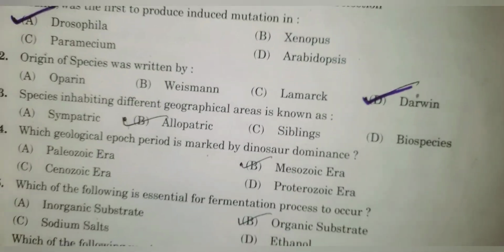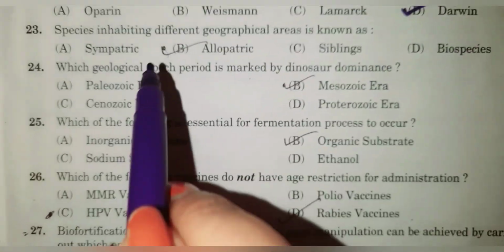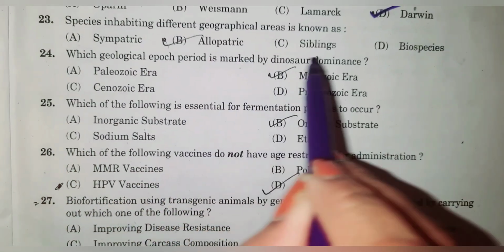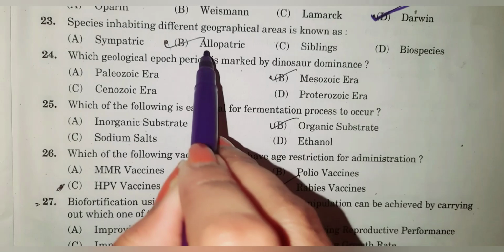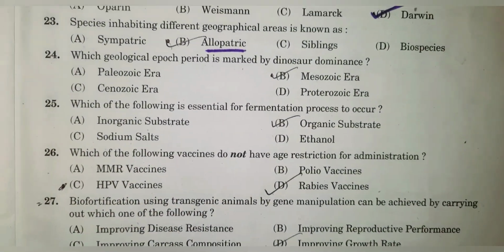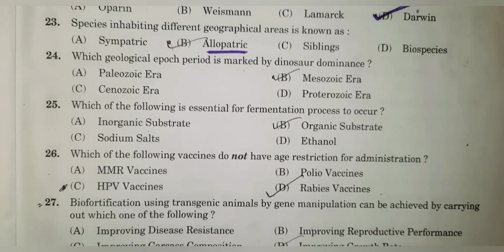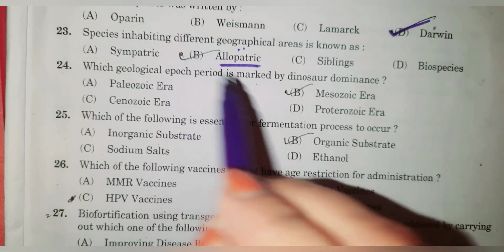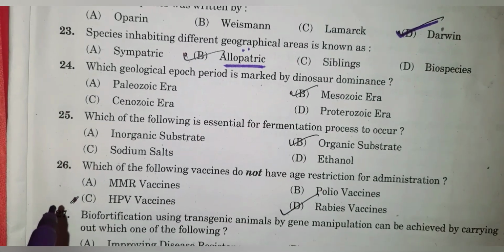Next question. Species inhabiting different geographical areas is known as sympatric, allopatric, siblings, biospecies. Allopatric species. See, allopatric speciation, if you can recall, it is related to geographical barriers. So if you see this term, you should be able to reconnect to allopatric speciation.